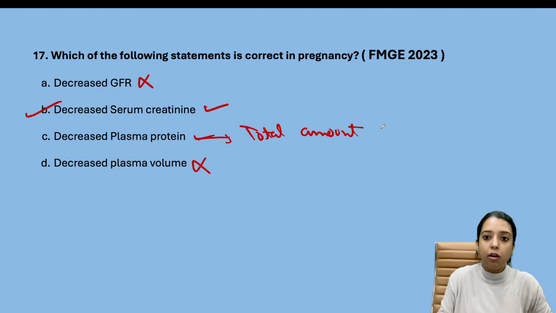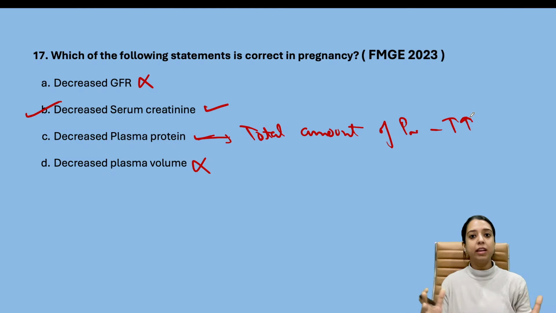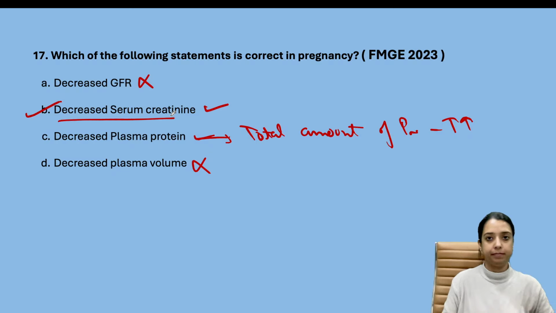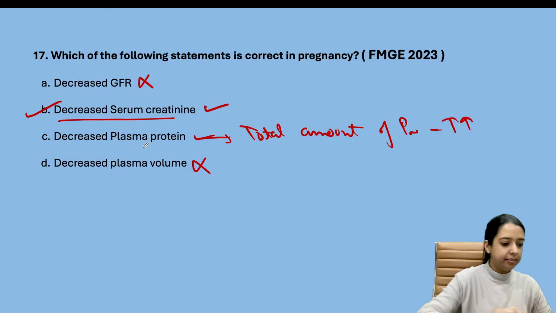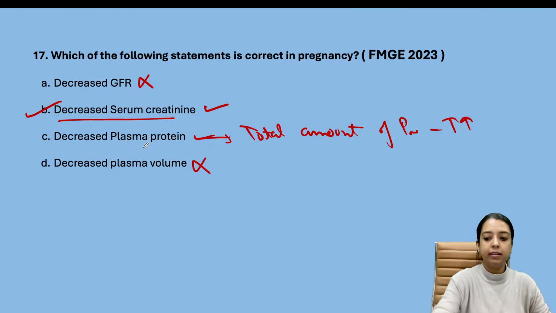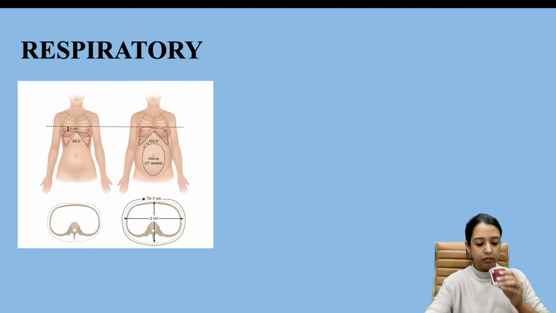The total amount of protein actually rises. Baby is protein, placenta is protein, everything is protein. So total protein rises, but the concentration falls. So the more appropriate answer is that the creatinine is falling. Okay, so always mark the best correct answer.